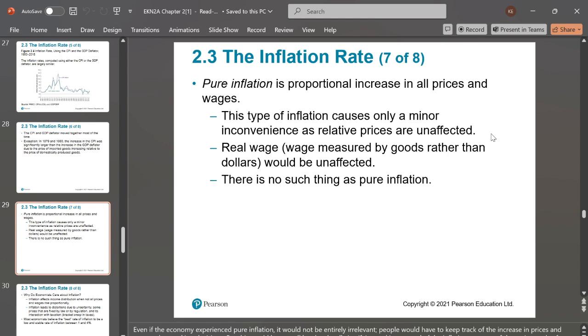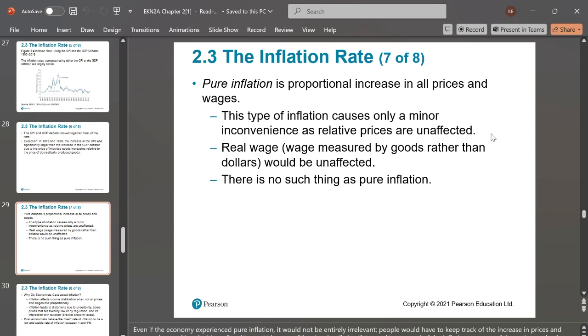Now, realistically speaking, that is impossible. It will never happen because in most economies, yes, they might try to increase the wages, but they'll never really increase the wages at the same rate as inflation.